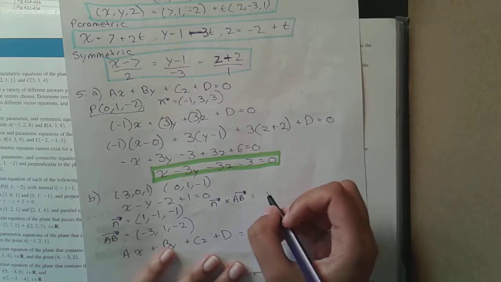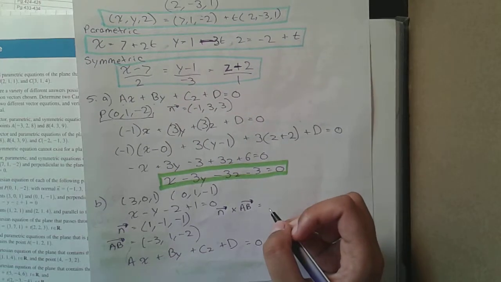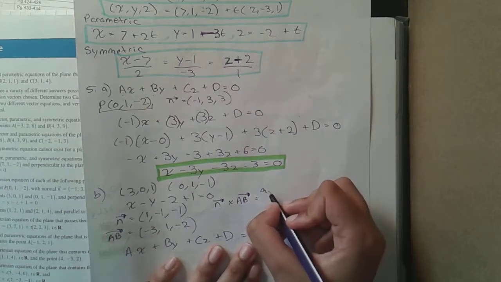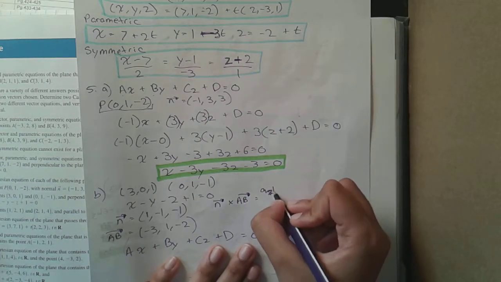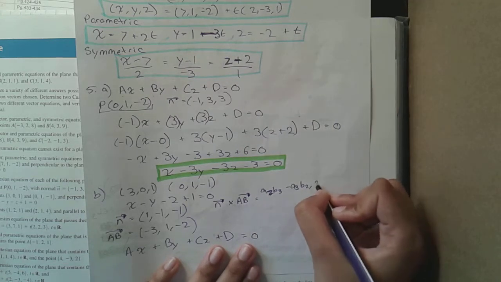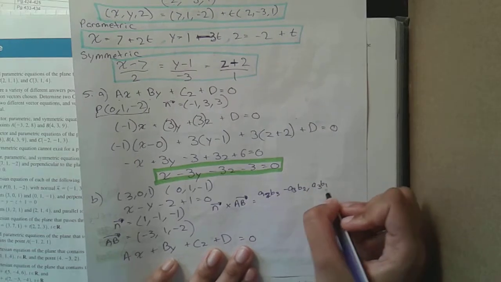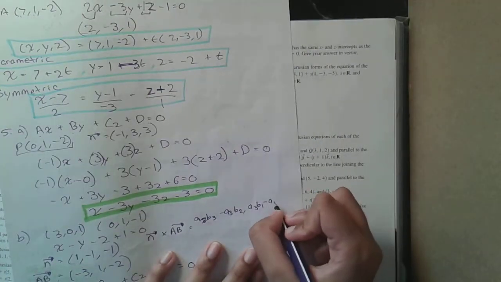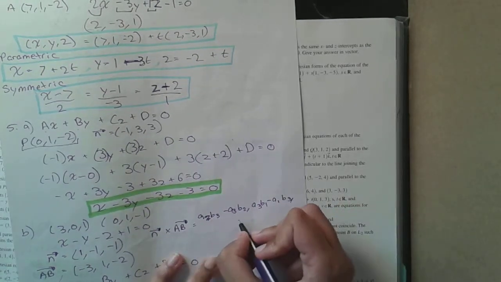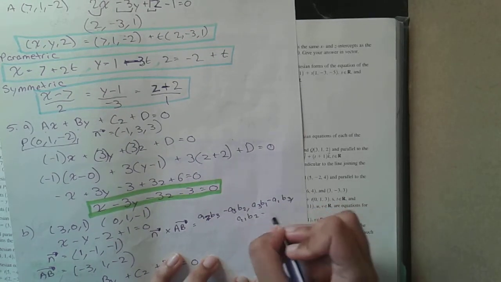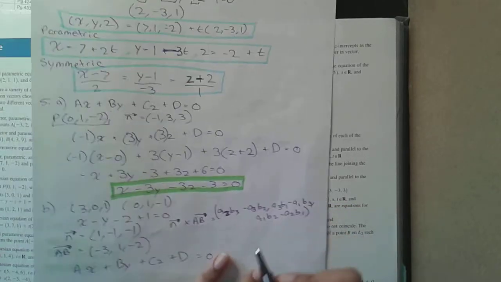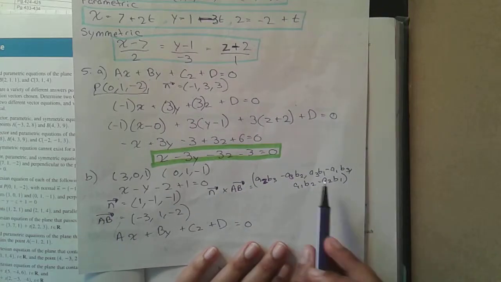And the equation for cross multiplying is a2 b3 minus a3 b2, a3 b1 minus a1 b3, and then a1 b2 minus a2 b1. That's the equation for cross multiplying.